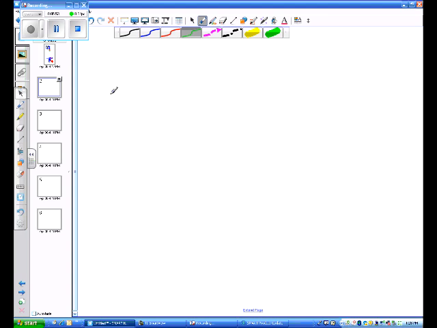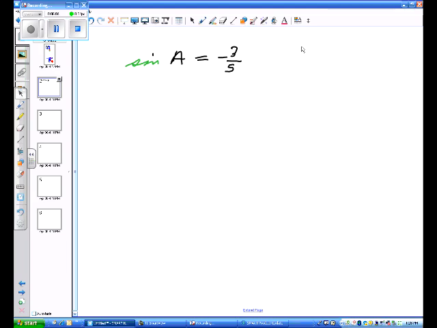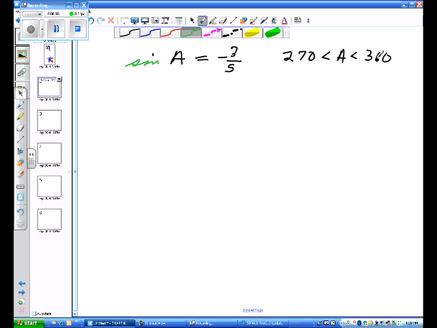Let's say that we were told that the sine of A was equal to negative 3/5, and that A was between 270 and 360, which means A is in the fourth quadrant, but it's going to be a little bit easier for us to write it in this form than to say it's in the fourth quadrant.